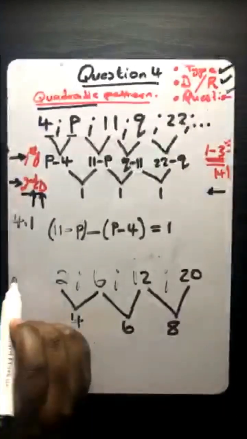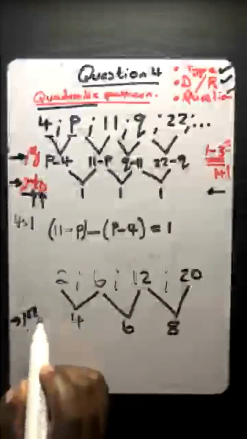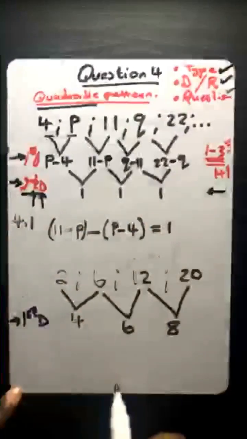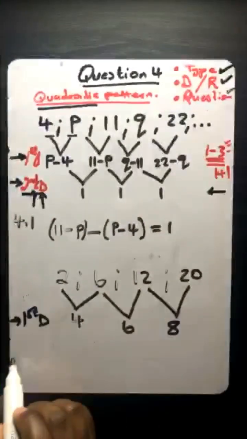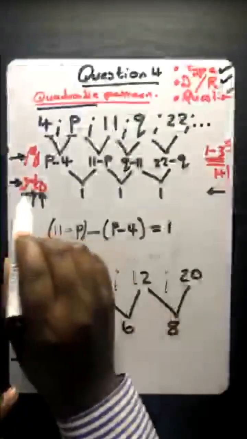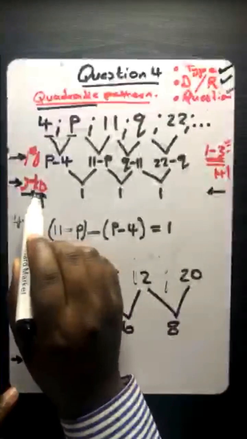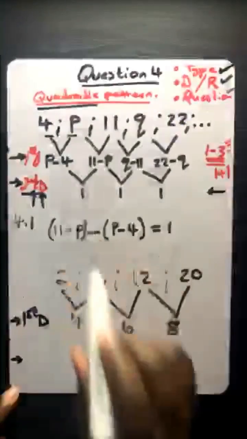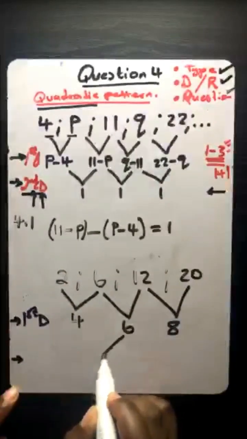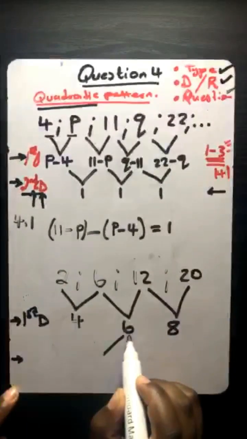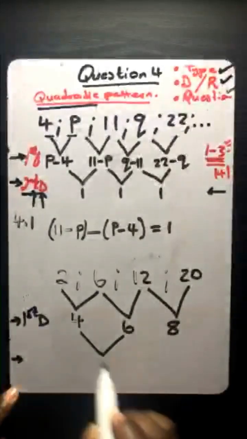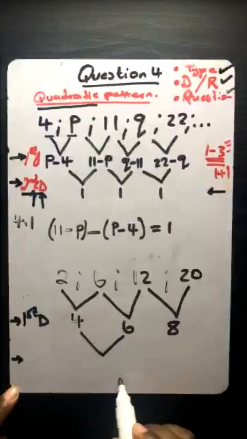Remember, this is now our first difference. So we do know very well that under a quadratic pattern, we always have the second common difference. The word common means it has to be the same number or the same thing, or the same letter. So can you see, when you continue to say this minus that, it gives you something. What is that something?